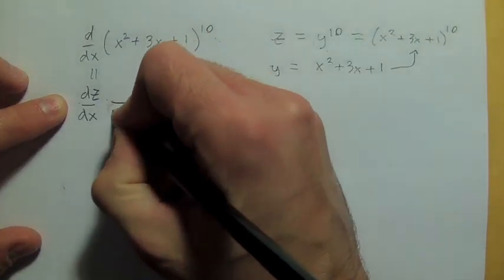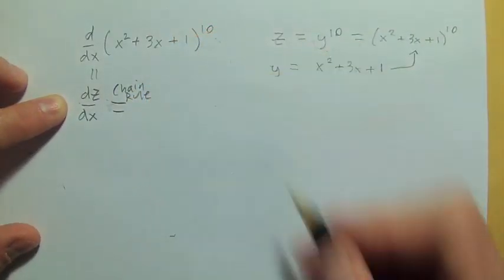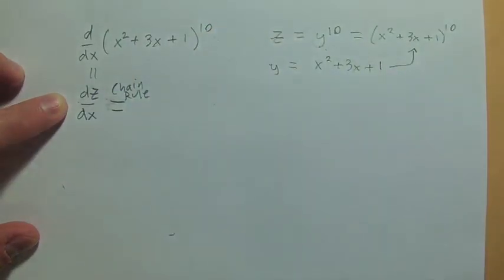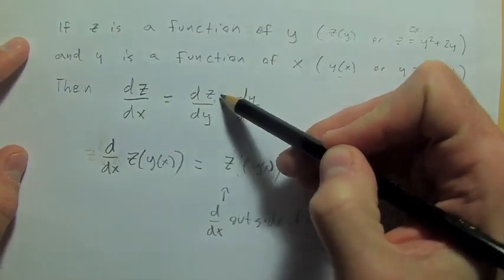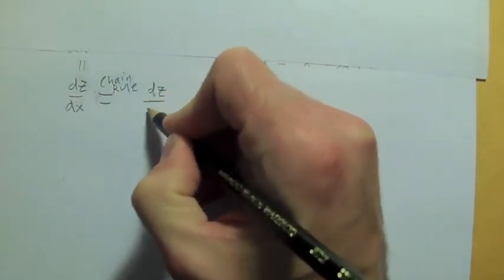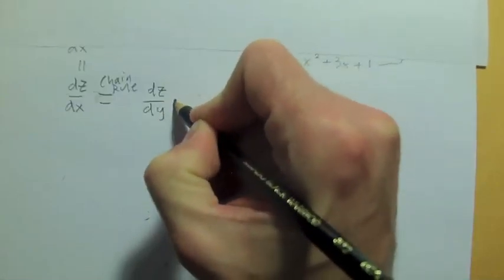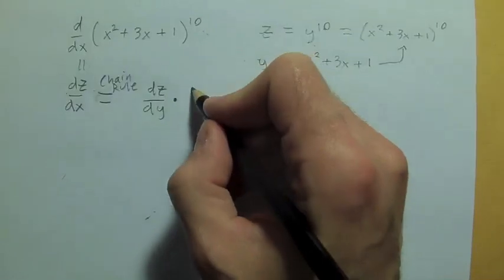And according to the chain rule, let's find what the chain rule said. dz over dx is going to be dz over dy times dy over dx.